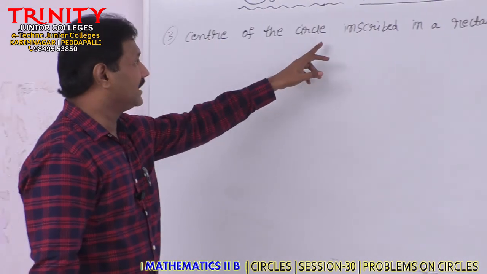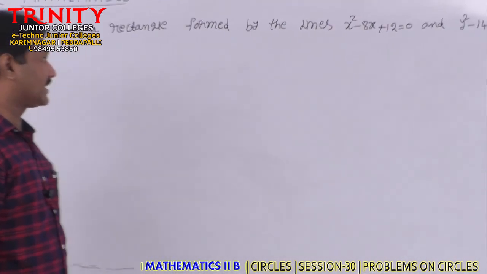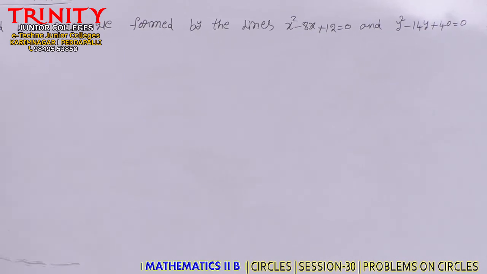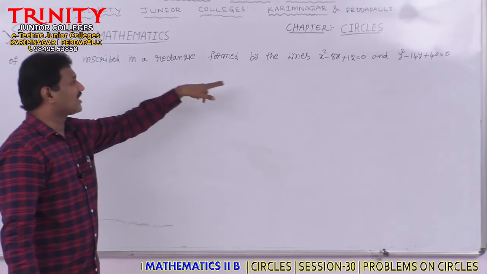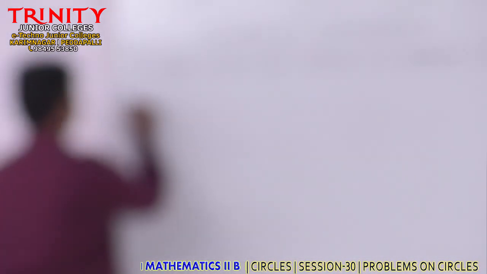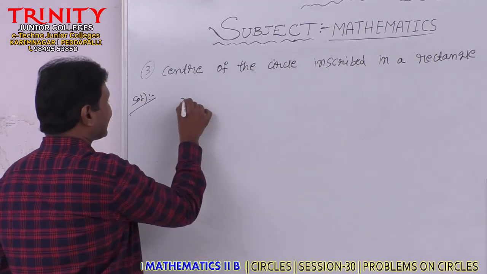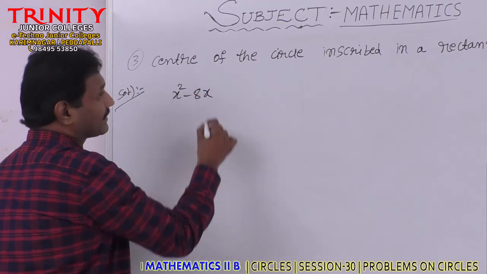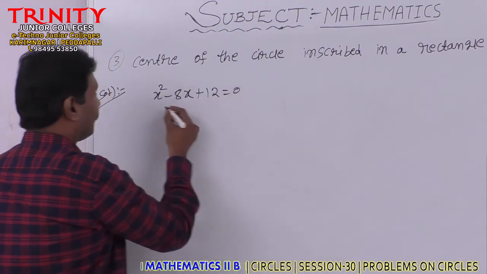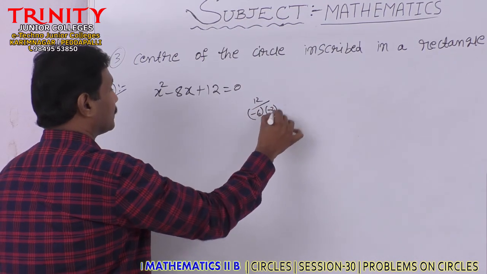Find the center of the circle inscribed in a rectangle formed by the lines. First, split the given lines. The first equation is x square minus 8x plus 12 equals 0. Factors of 12: minus 6 and minus 2.